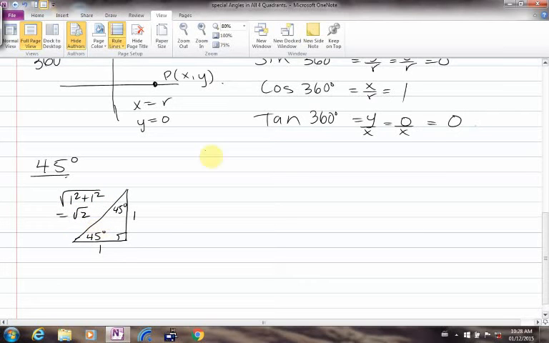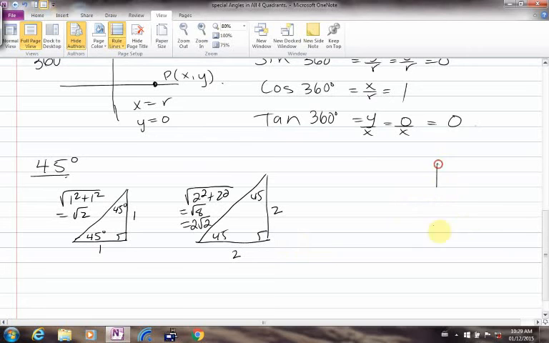All right, well, what if I made my triangle a little bit bigger? And instead of making this side length 1, I made it 2. What would the length of the hypotenuse be now? Yep. Okay, so you went 2 squared plus 2 squared, which is root 8, which reduces down to what? 2 root 2.